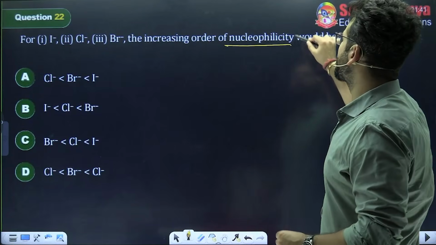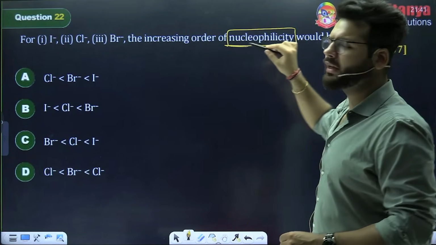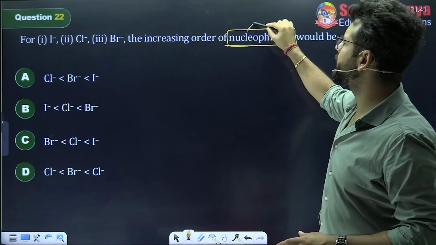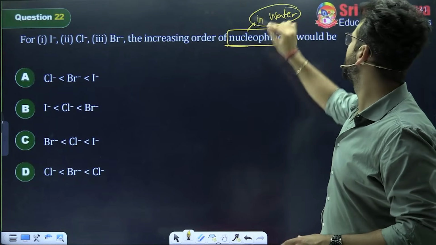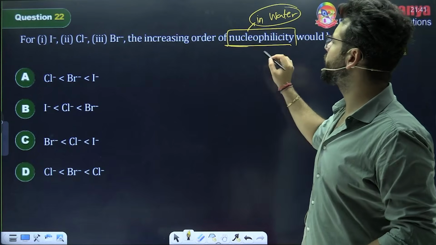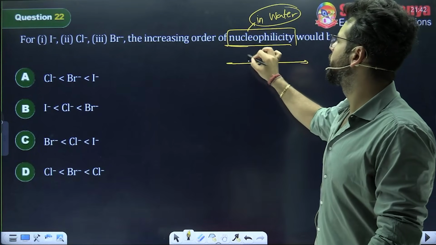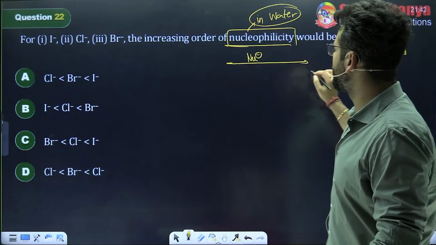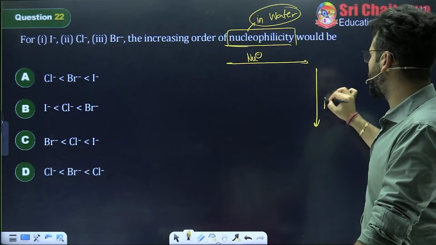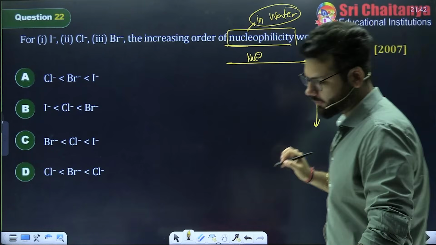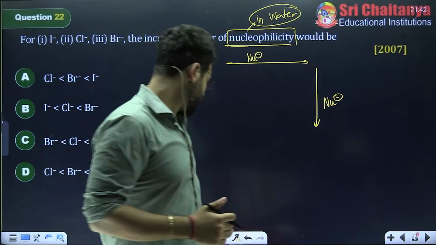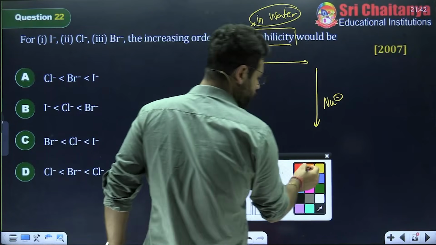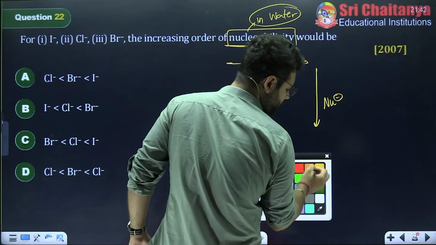Increasing order of nucleophilicity. When nothing is mentioned about the solvent, always take water as a polar protic solvent. In a polar protic solvent, we should remember what happens to nucleophilicity left to right, and top to bottom. When you move left to right, nucleophilicity depends on electronegativity.